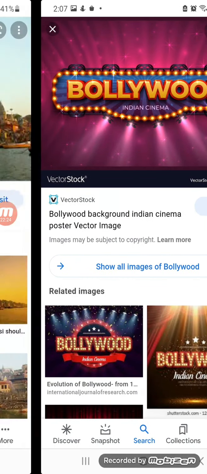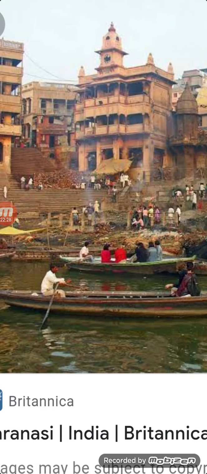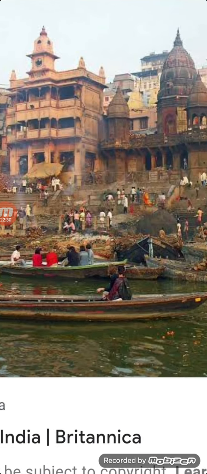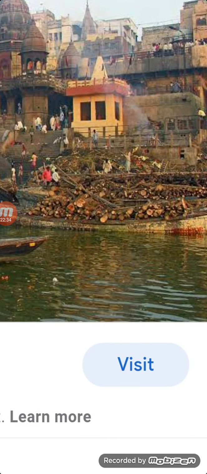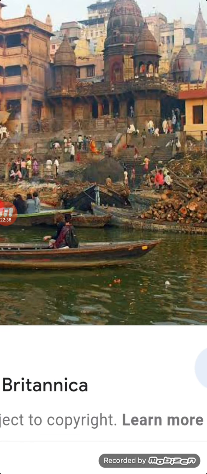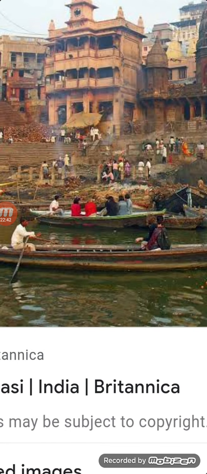And yes, this is one of the oldest cities of the world, of India. It is called Varanasi, and these logs you see are for people who are burnt here, not alive, but after they die.